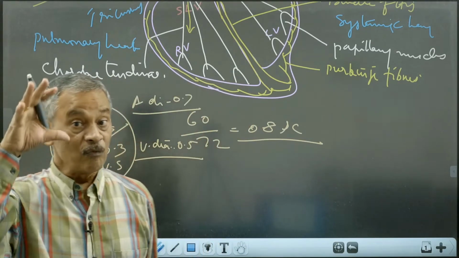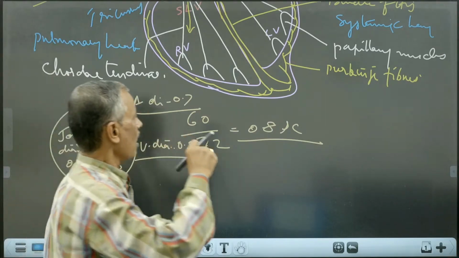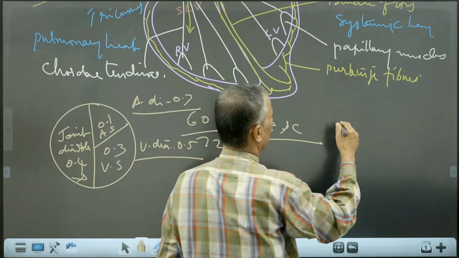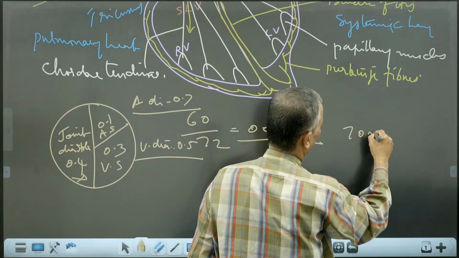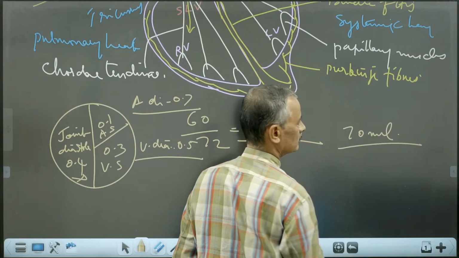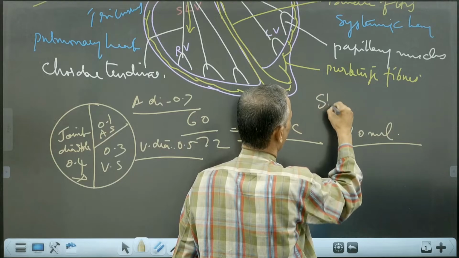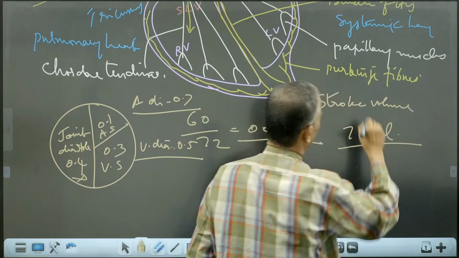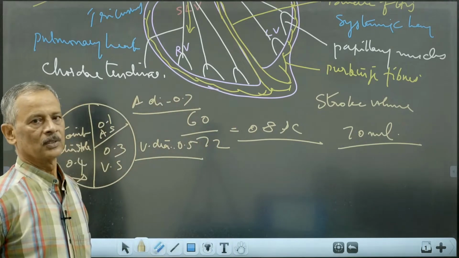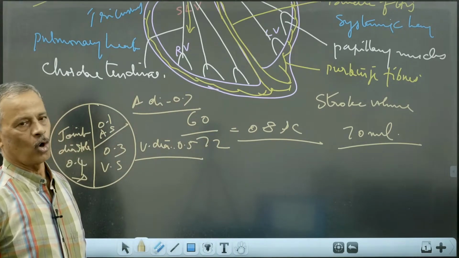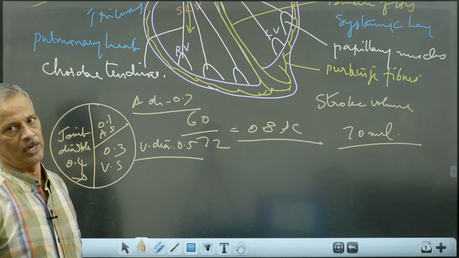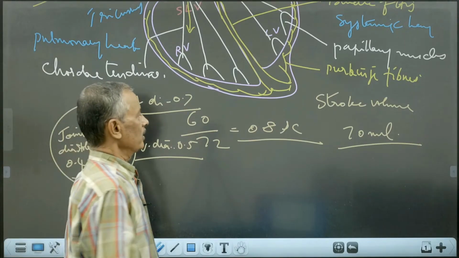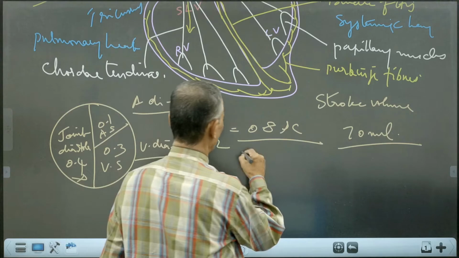So during every contraction, each ventricle is pumping about 70 ml of blood. This is called stroke volume. It is the volume of blood that is pumped from one ventricle. And 72 times, that is the frequency.